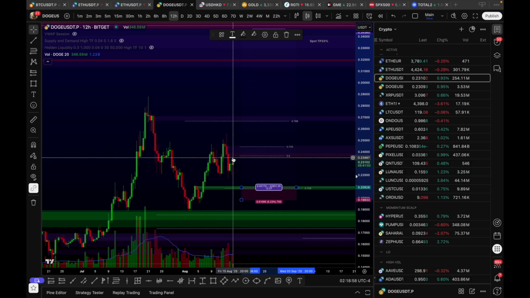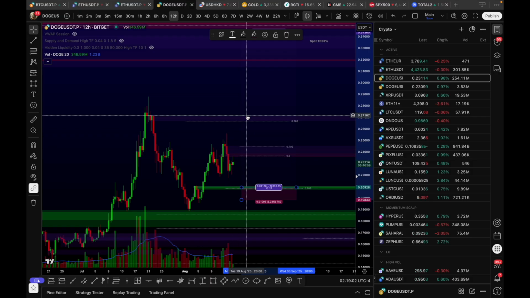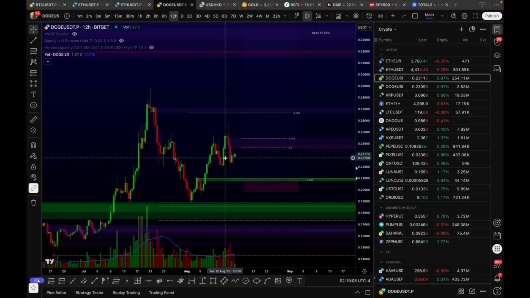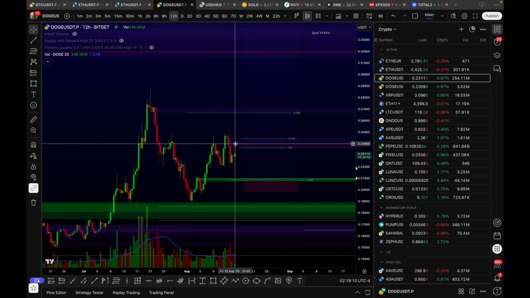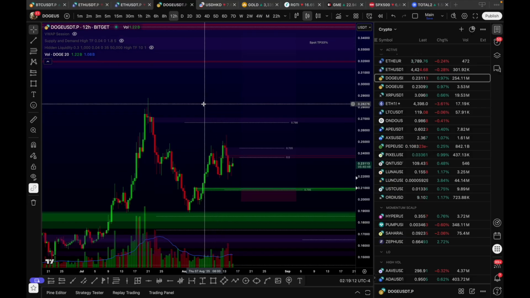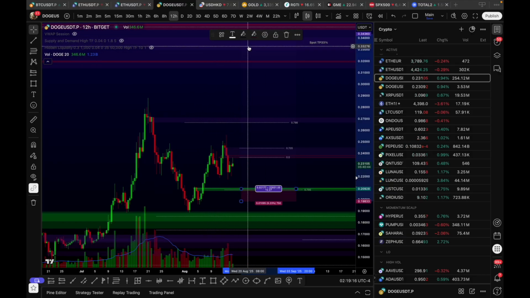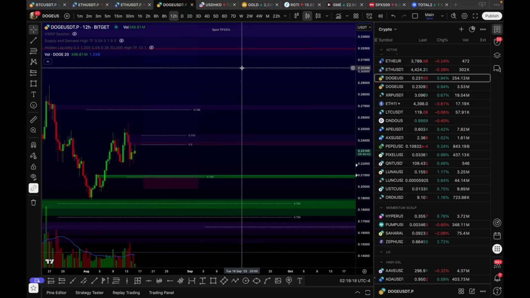And if you reject from here, I will definitely TP. If I go to bed and we just blast this into the next level, there's probably no time for me to TP. But usually if we reject from here, I TP here, and then I'm maybe on 50% of the position or something, and I trail the rest as high as I can, if possible.